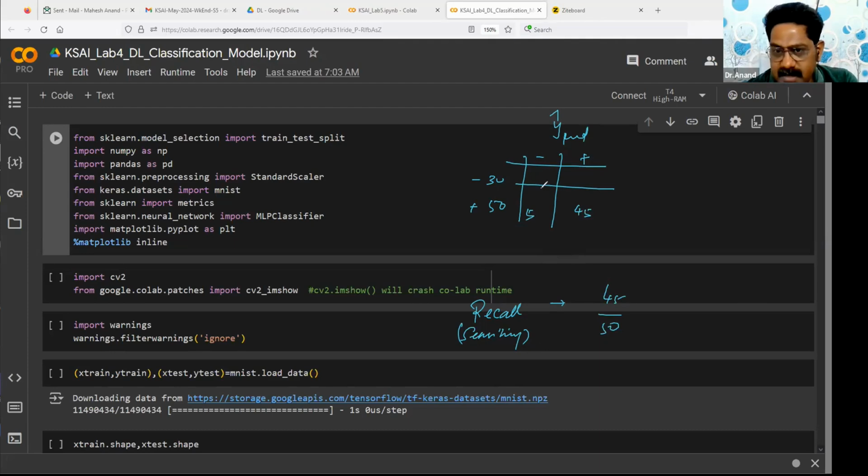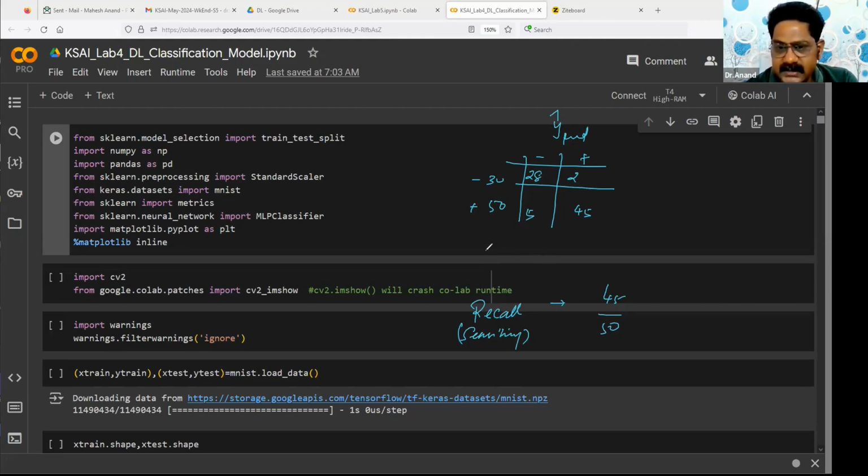Whereas the negative class is responsible for the specificity of the model. Here, for example, out of 30 healthy people, 28 are correctly recognized as healthy. 2 healthy cases are wrongly declared as positive. So this is called a false positive, wrongly declared as a positive.